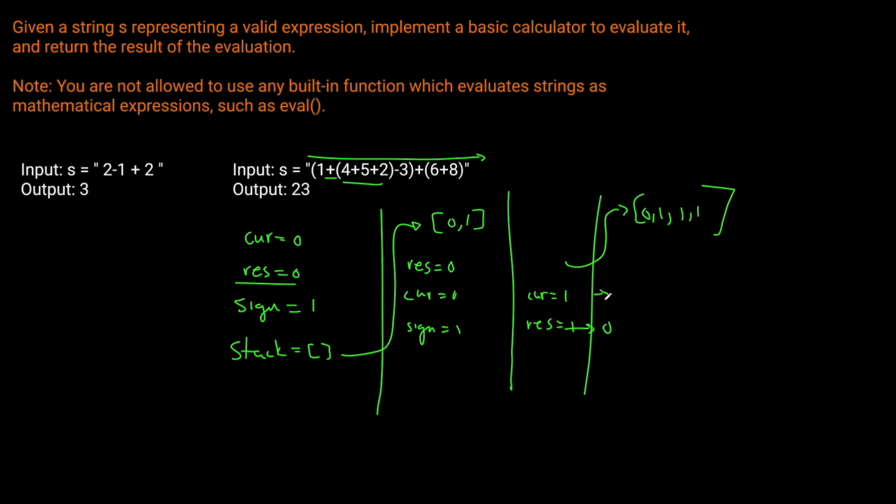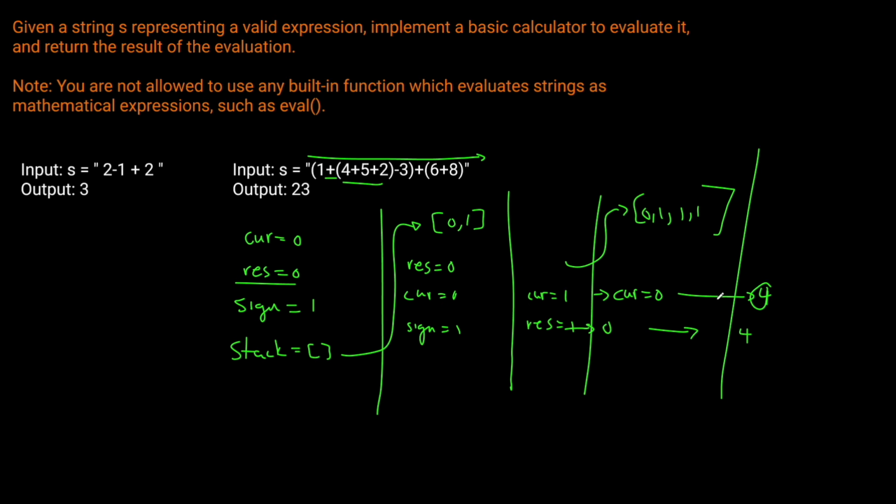And now cur is going to get reset to 0 here as well, because we haven't parsed anything. So now we're parsing this 4 plus 5 plus 2. So we see the 4, so that means that cur is going to be equal to 4. And then we get to the plus, which means that we need to apply our last operation and the last number, so 4. So now res is going to become 4, because 0 plus 4 is 4.